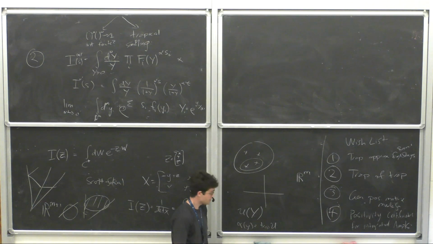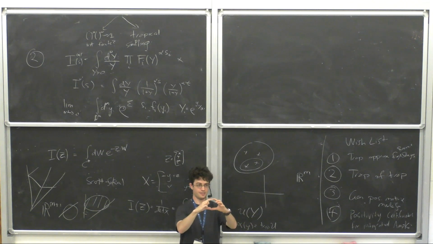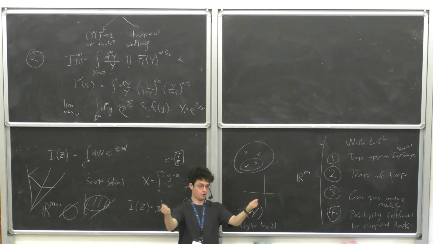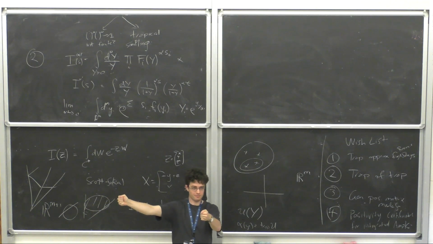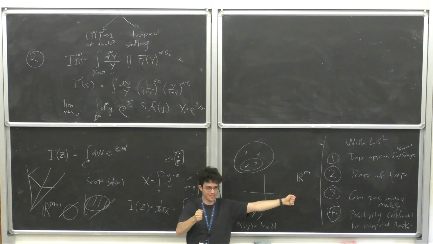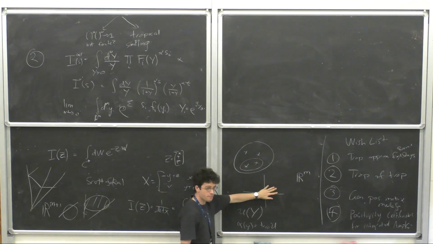Okay? So for example, in the disk, you take your tropical functions, you tropicalize them, and one of them is positive on that side of 0, and the other is positive on that side of 0. That corresponds to two degenerations. In general, that happens here as well.